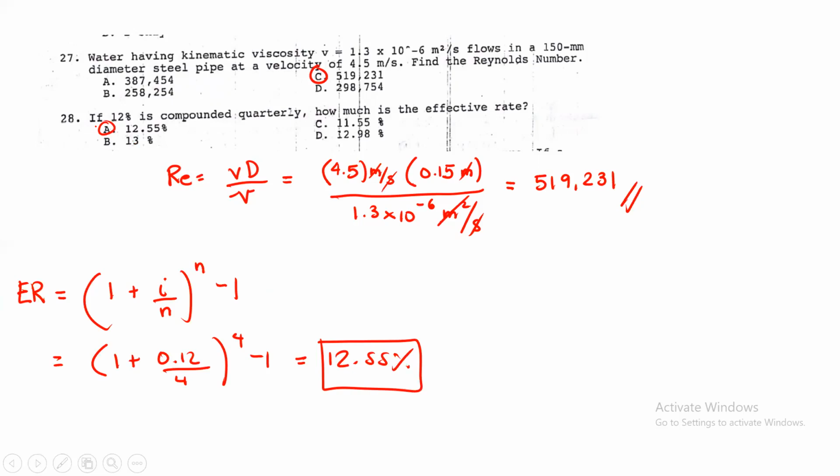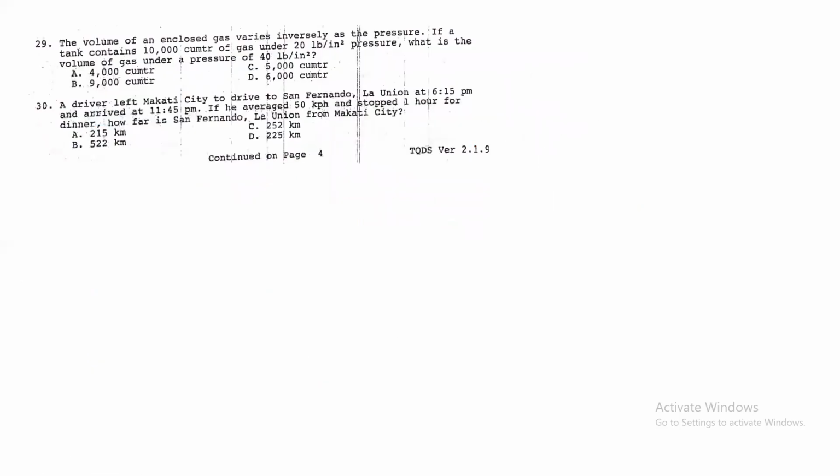The next, 29. The volume of an enclosed gas varies inversely as the pressure. If a tank contains 10,000 cubic meters of gas under 20 pounds per inch squared pressure, what is the volume of gas under a pressure of 40 pounds per inch squared?